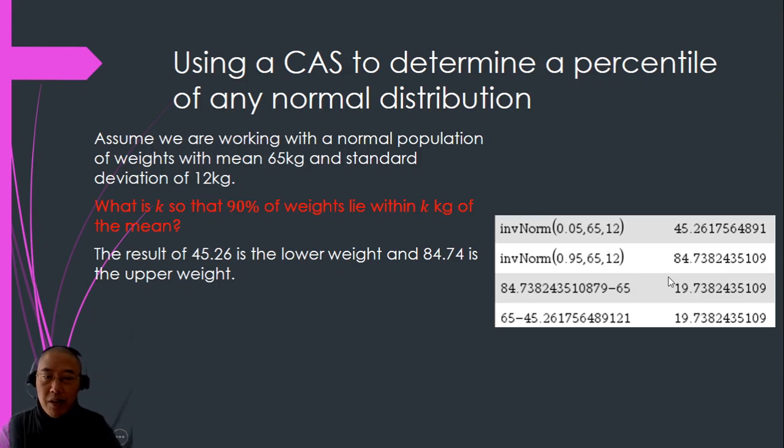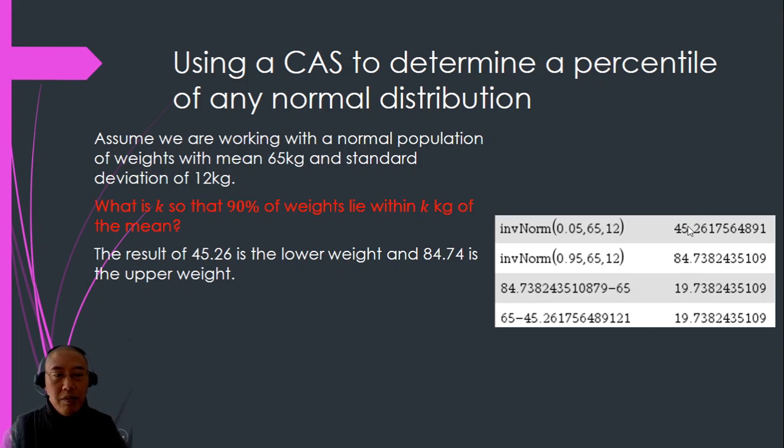Now to find the k value, let me do that in the right order. So you do that with the upper boundary. If you minus the mean 65, that will give you your k value.